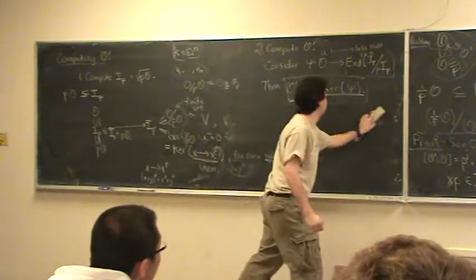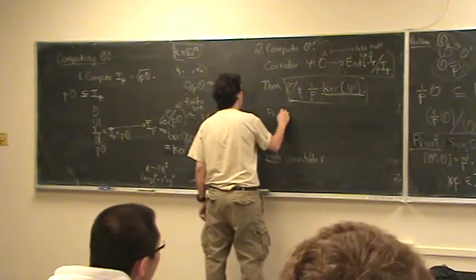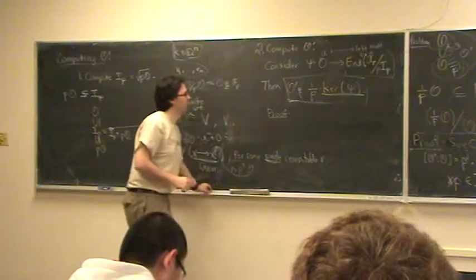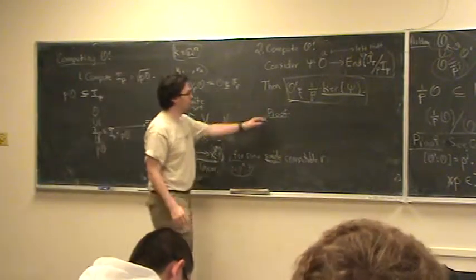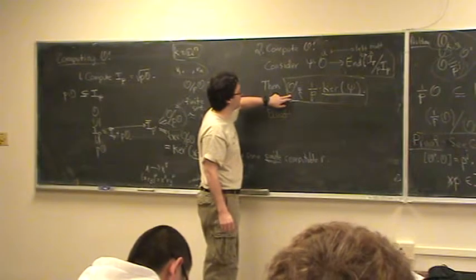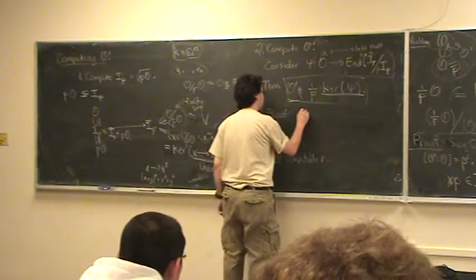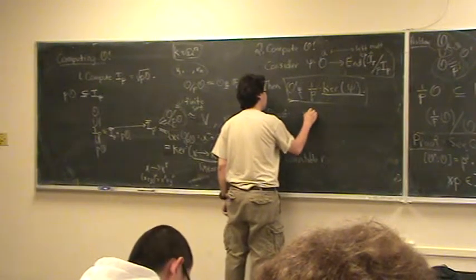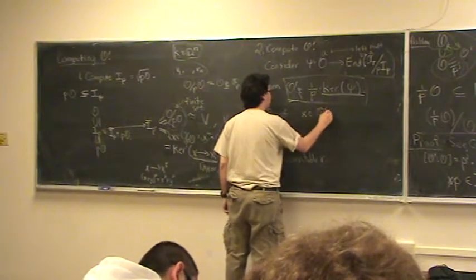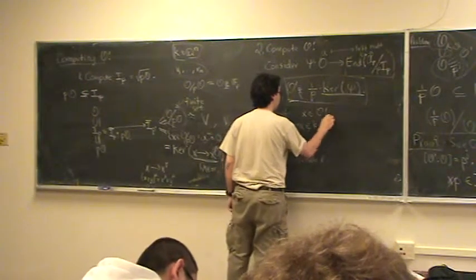So let me convince you that this is true. Proof: you just check each direction of the inclusion. So first, suppose you have an element of O prime, and I'll show it's in here. So let's say x in O prime, and we want to show that p times x is in the kernel of psi.